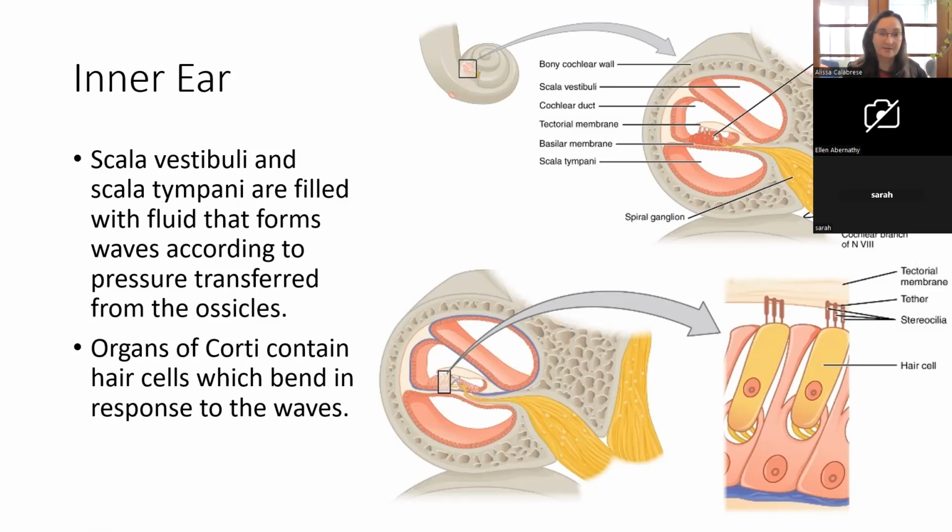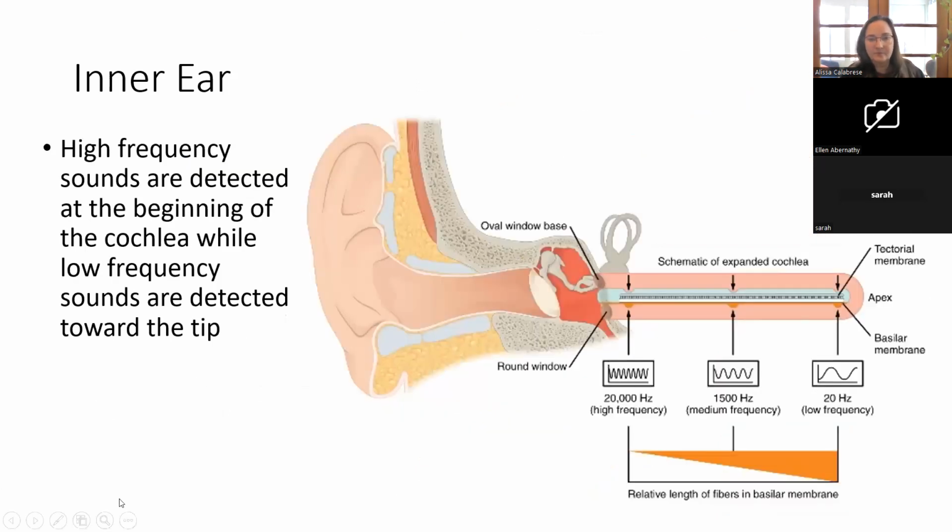This is where sound waves that have been passed from the external ear through the bones of the middle ear into the internal ear are going to be transduced into electrical activity. The waves are going to pass by the little hair cells in this organ of Corti, trigger an action potential, and send that message to the brain.